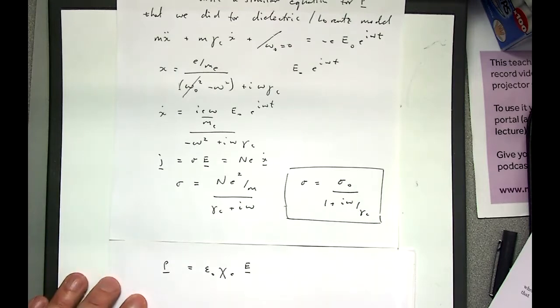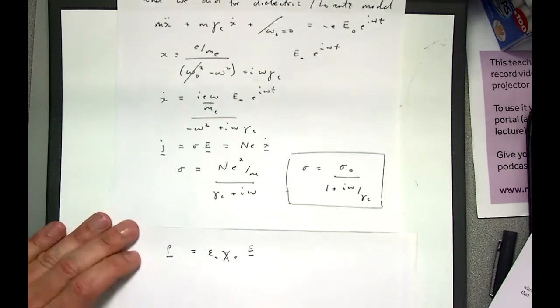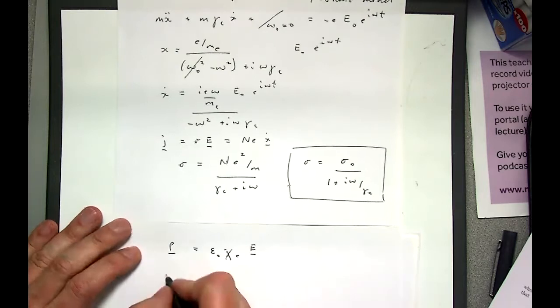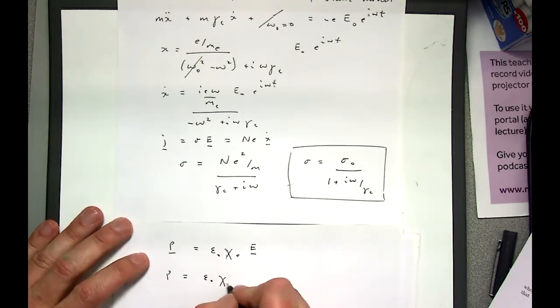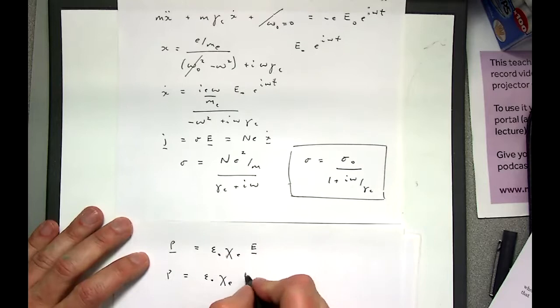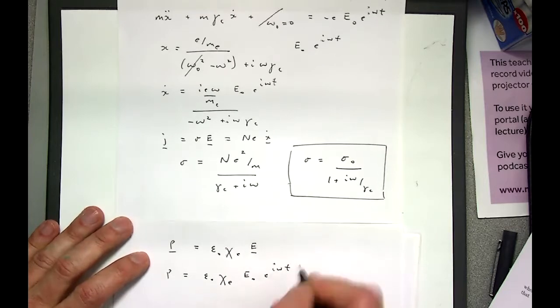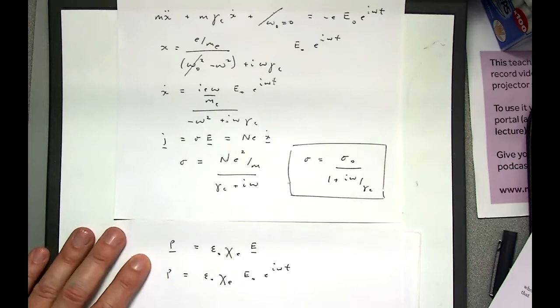So our task now is to try to relate that electric susceptibility to the properties of the conductor or the plasma in this case. So P as a function of time is equal to epsilon 0 times the susceptibility. We're writing explicitly that the electric field has some peak value and it's oscillating at some frequency omega.